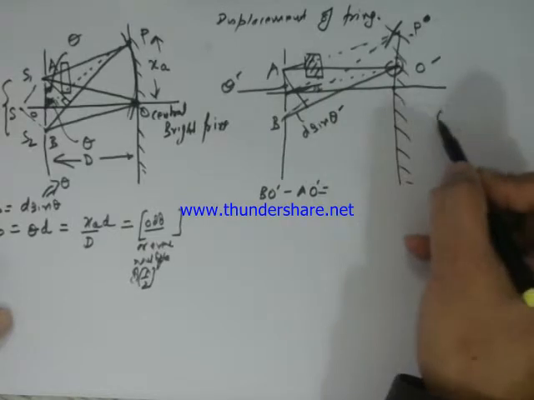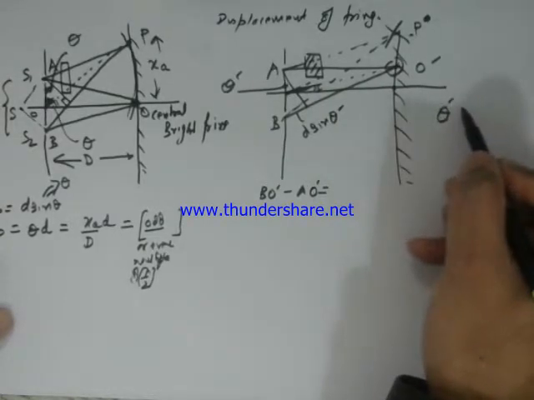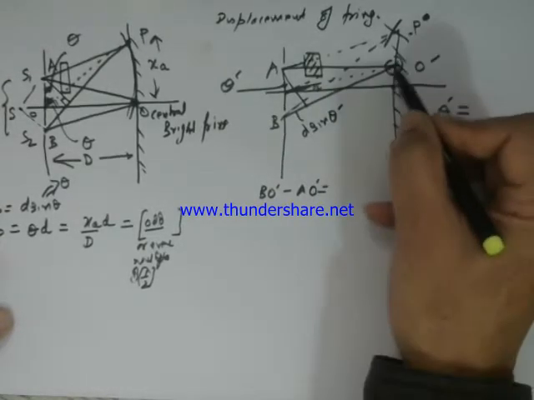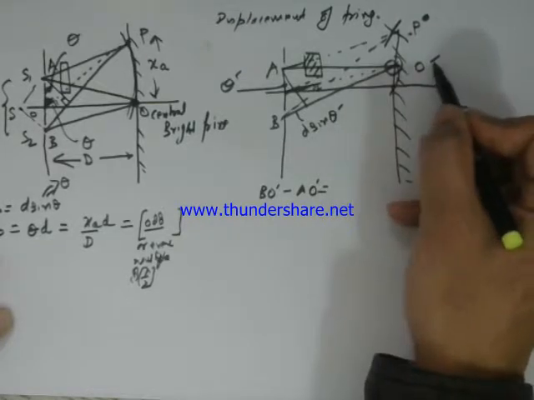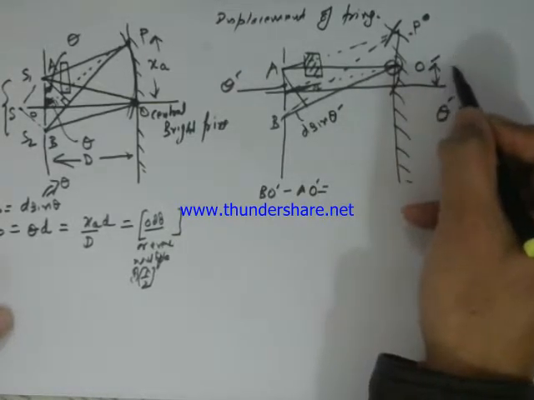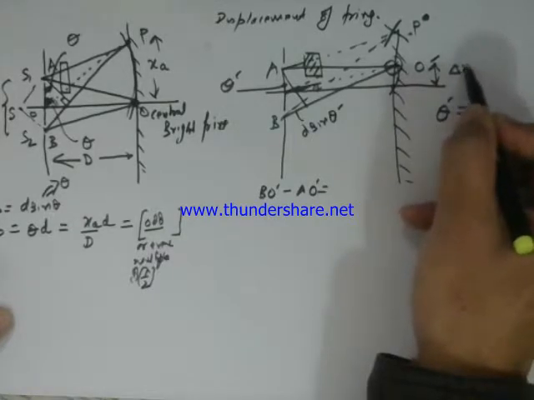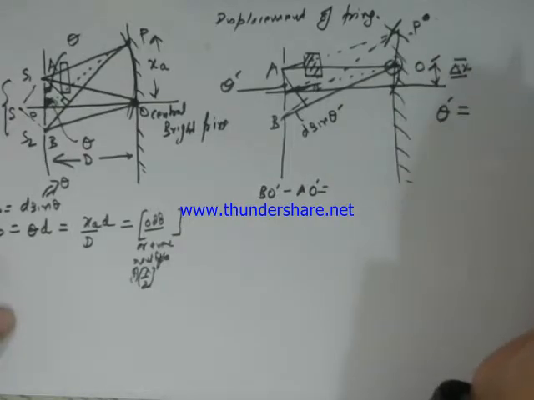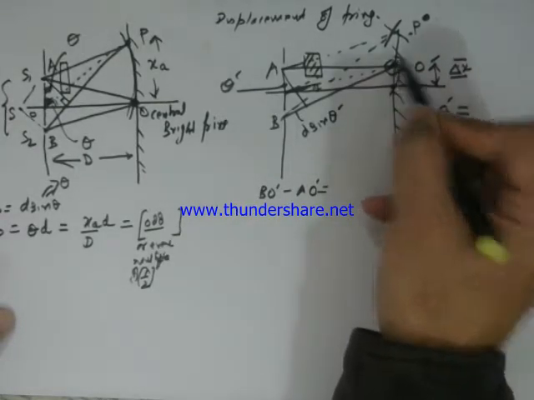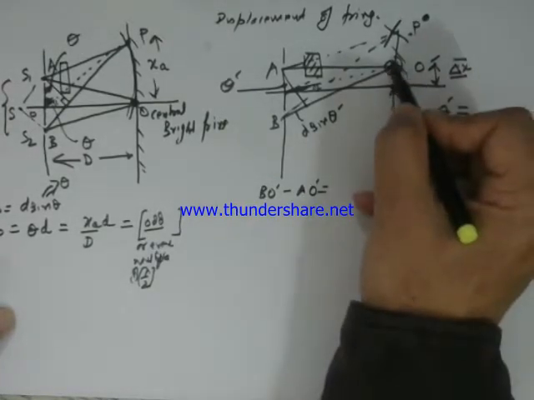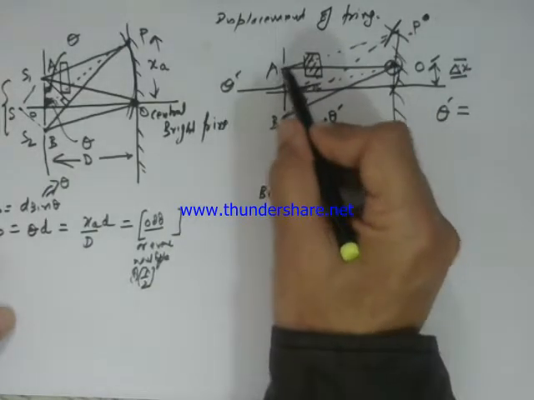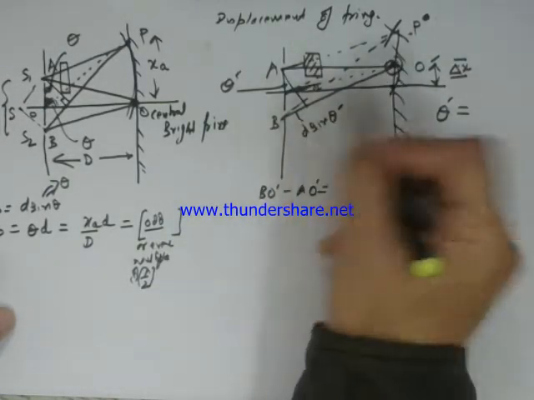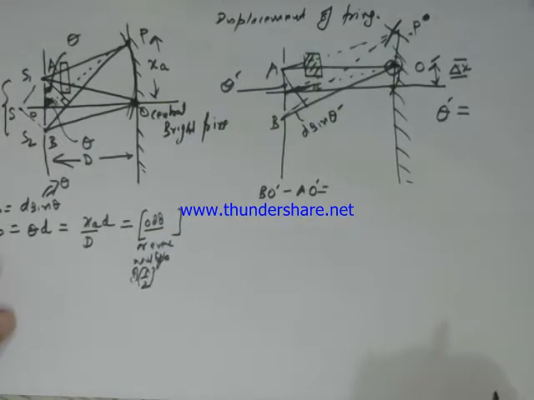Now theta dash is small, so we can take it as this distance. Let this distance be delta x, which is the shifting of the central fringe we are seeing. This is the point where we are saying the path difference between AO dash and BO dash vanishes.